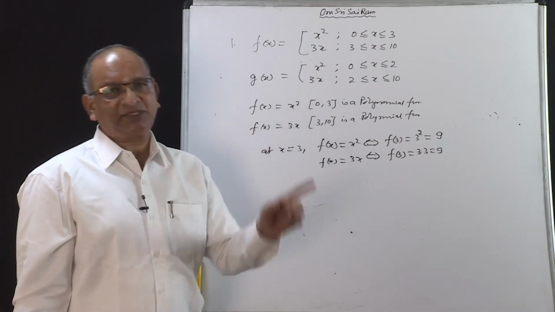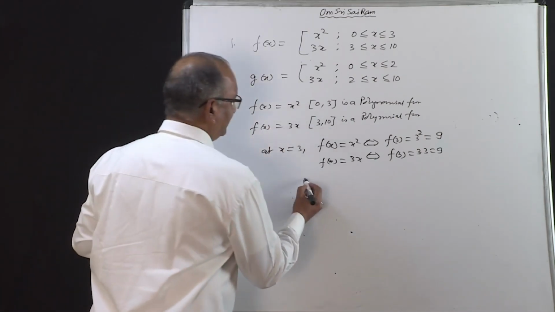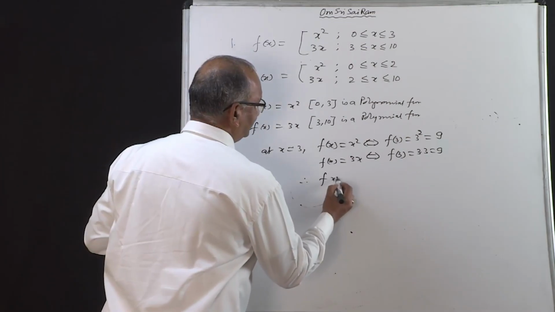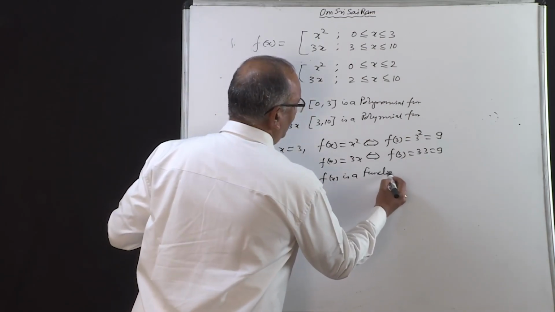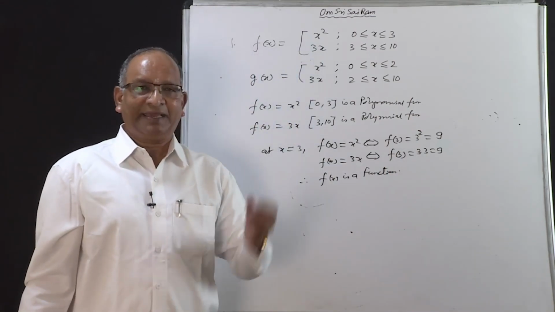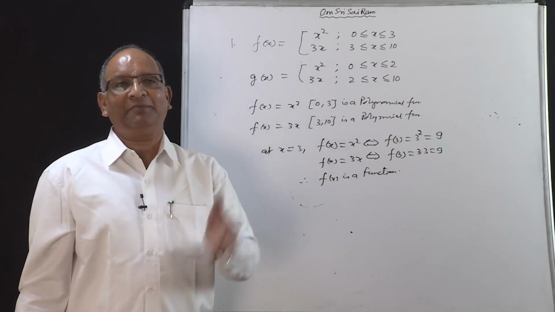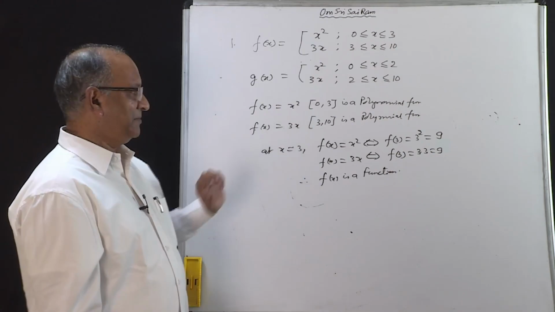Since 3 has got only one image, we can say that hence f(x) is a function. What was the definition of function? The definition of function was each element has a unique image. So 3 has got image on the same 9.